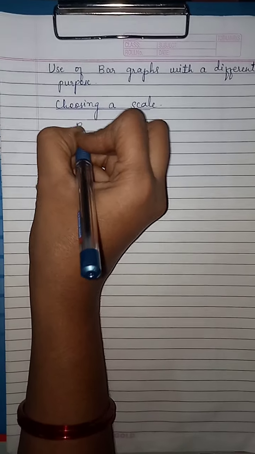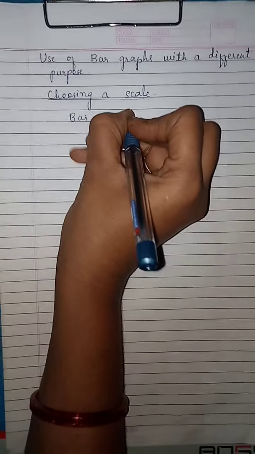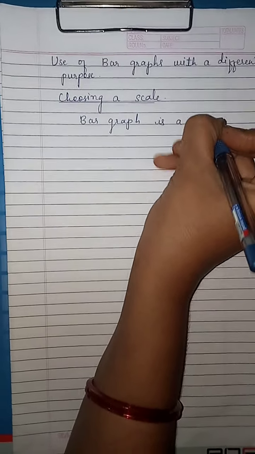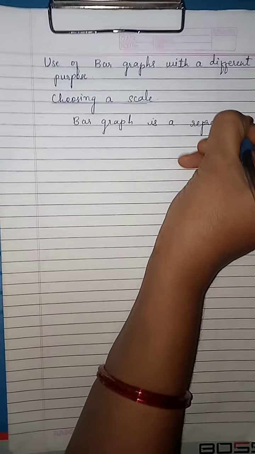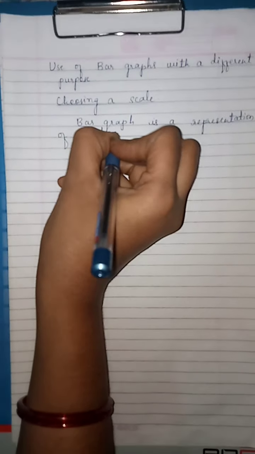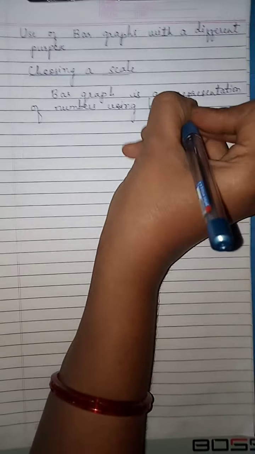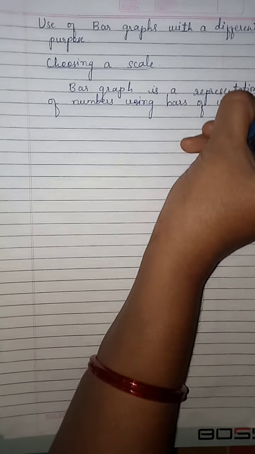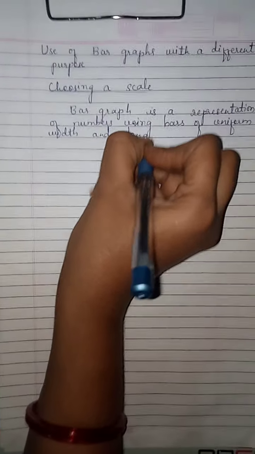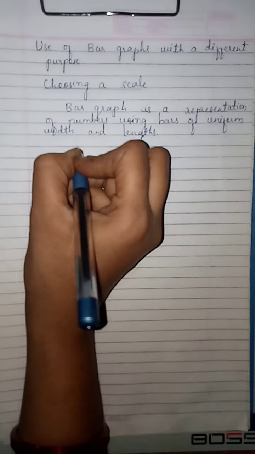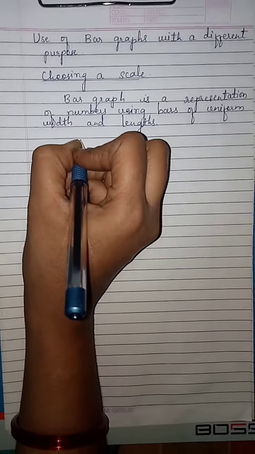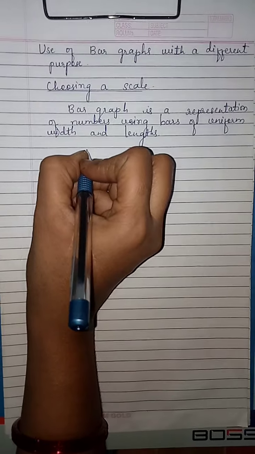A bar graph is a representation of numbers using bars of uniform width, and the lengths of the bars depend upon the frequency and the scale you have chosen.